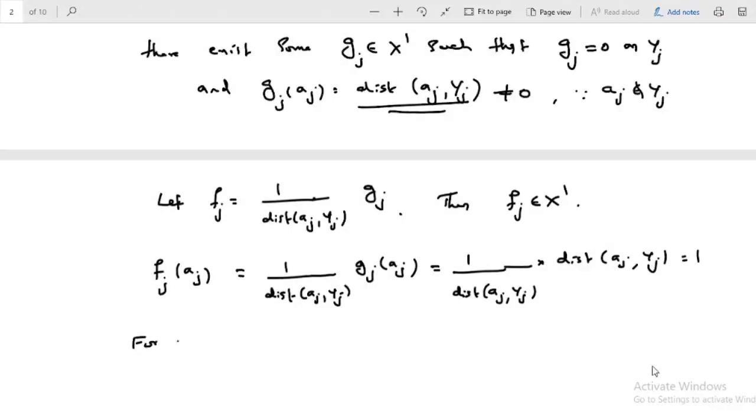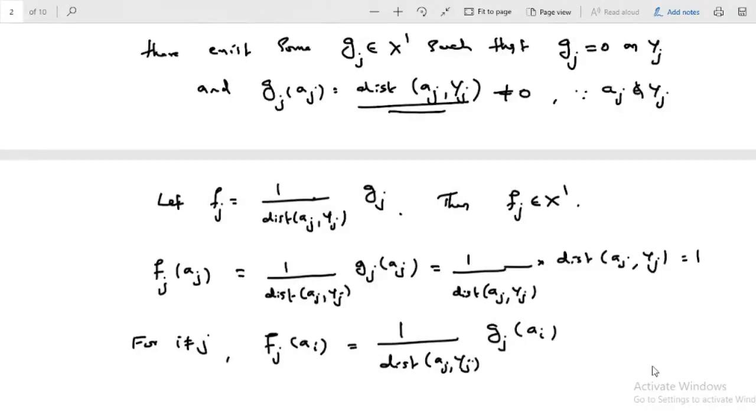Then for i not equal to j, what about fj of ai? It is 1 by the distance between aj and yj, times gj of ai.